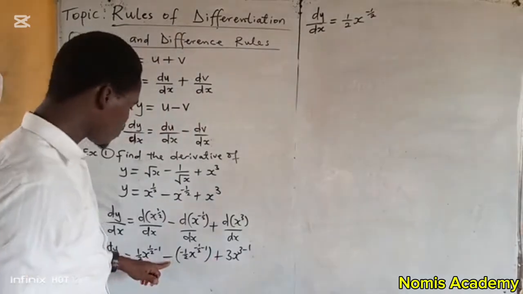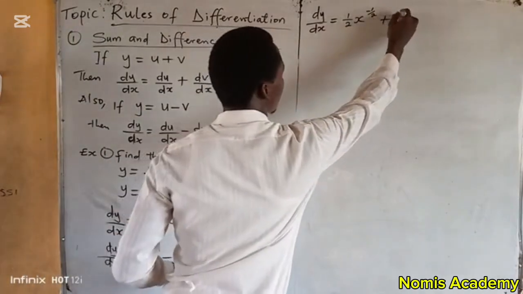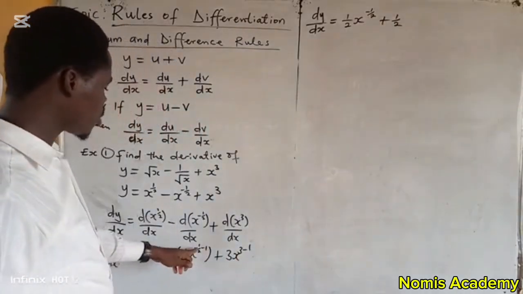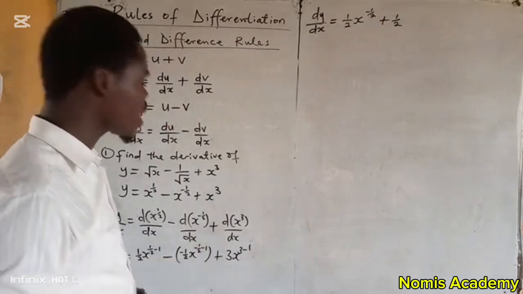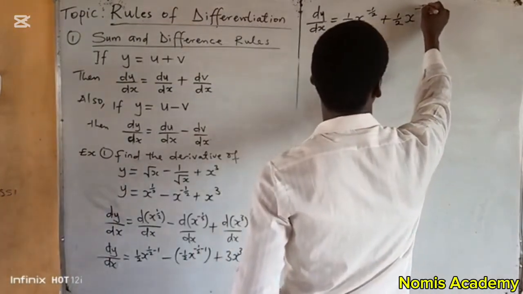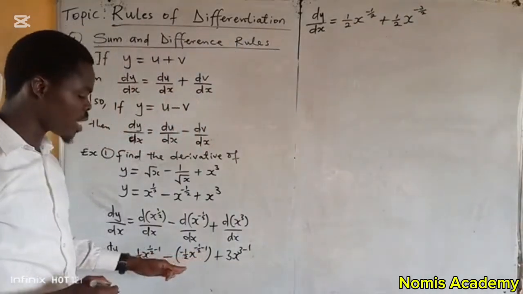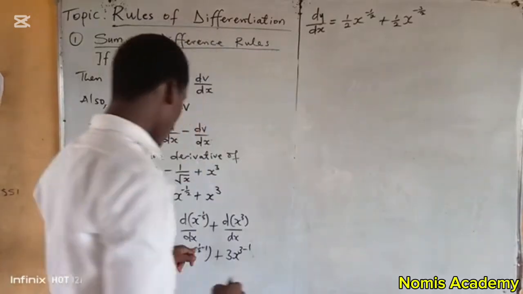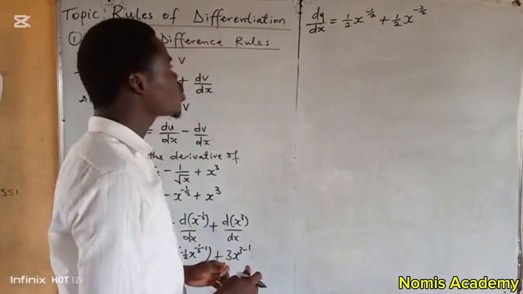Here we have minus minus, which is plus, so we write plus half, and then x raised to the power of minus 1 over 2 minus 1, and that will give us x raised to the power of minus 3 over 2. You can check it out, look for the LCM, and solve it further. Minus 1 over 2 minus 1 is minus 3 over 2.